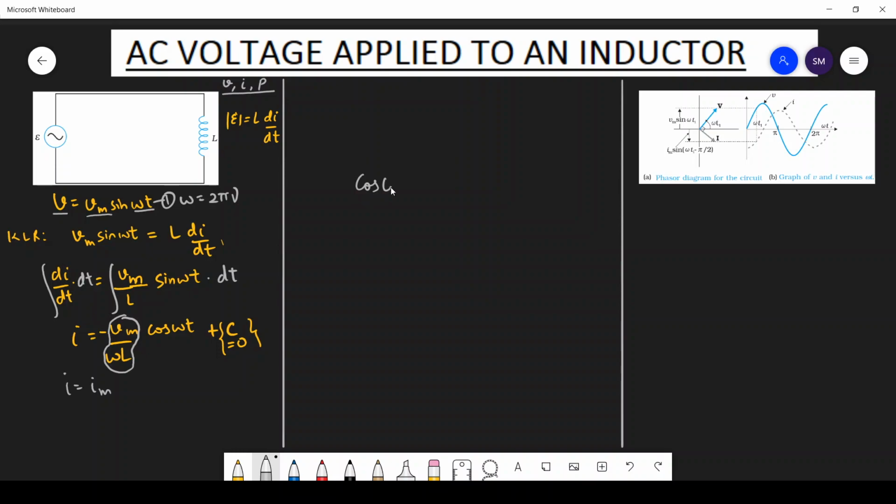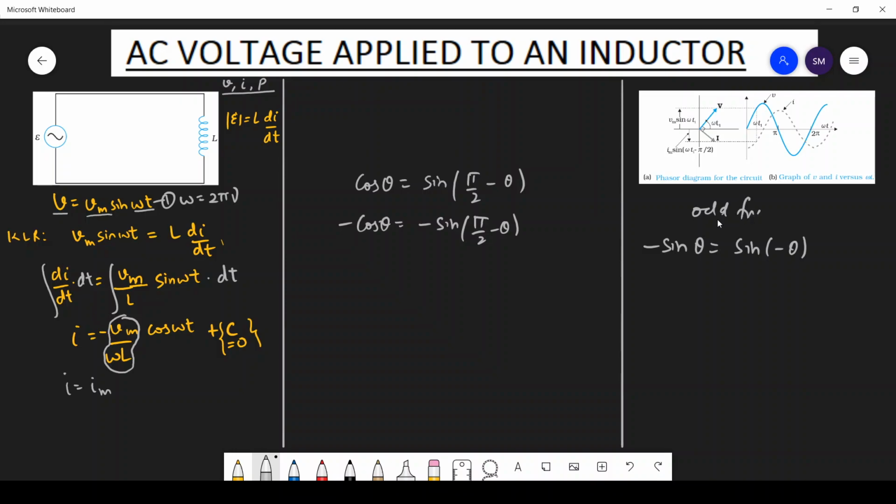So what is cos theta equal to? As cos is the complementary of sine, cos theta equals sine of pi by 2 radians minus theta. Multiplying both sides by minus 1, I get minus cos theta equals minus sine of pi by 2 minus theta. Now I know that minus sine theta equals sine of minus theta, as sine theta is an odd function.